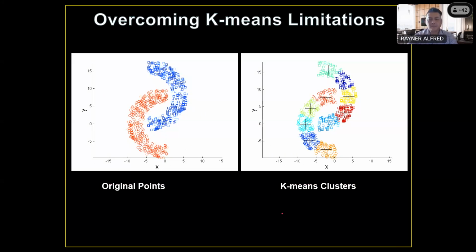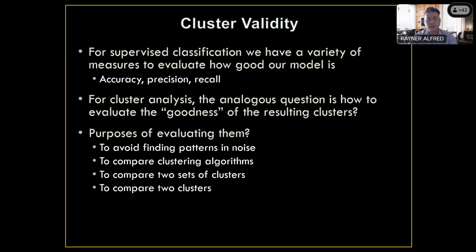Okay, very good. You can proceed. Okay, so for us to look at the quality of the cluster, we can look at the compactness, or we can look at how far apart they are separated.